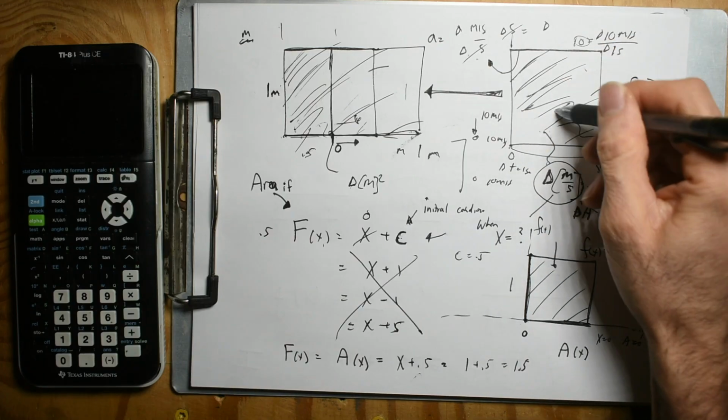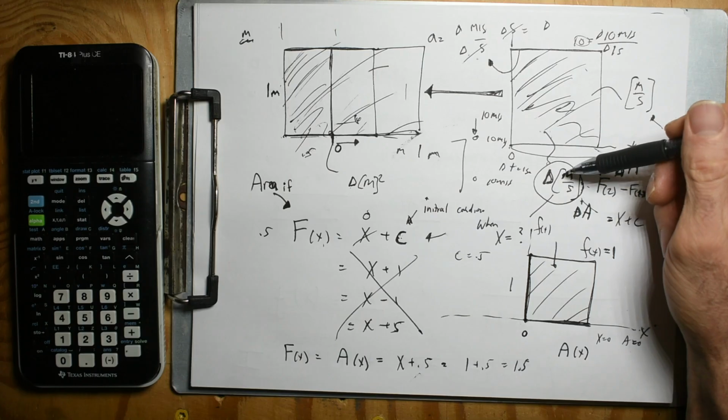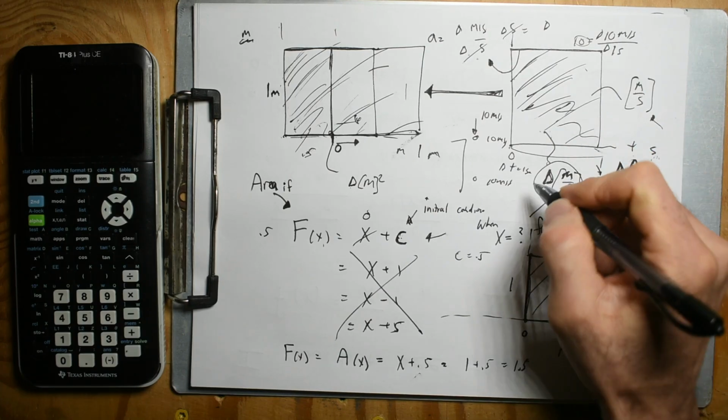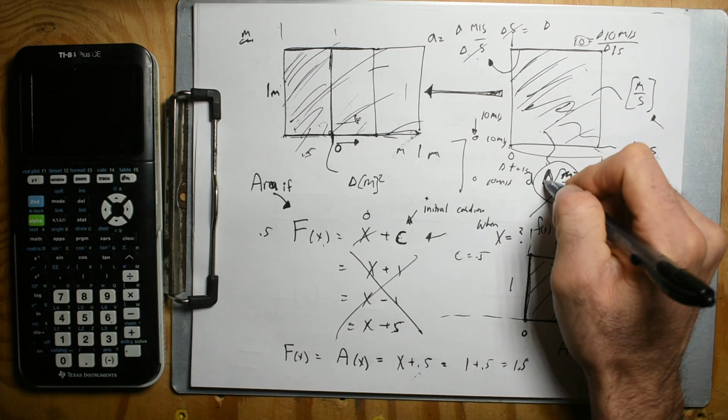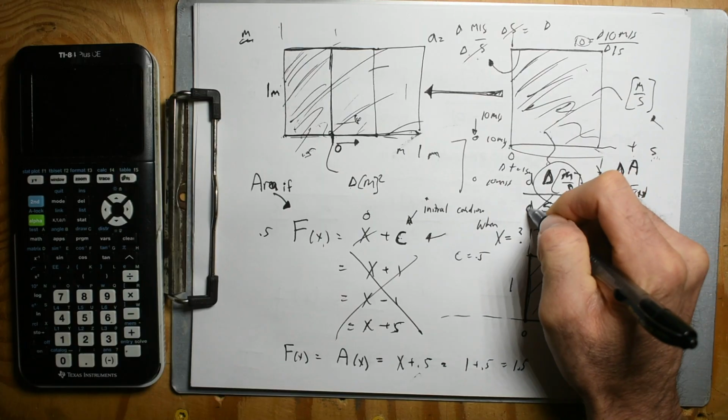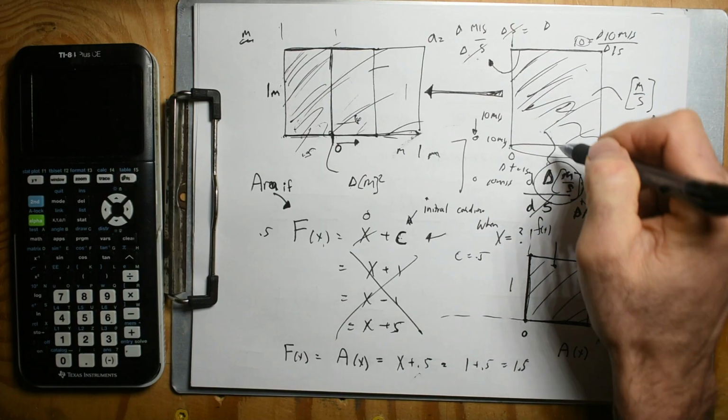Let's go back to differentiating this. Because if this area represents a change in meters per second, and then if I differentiate, I'm going to change this velocity as I change the time.